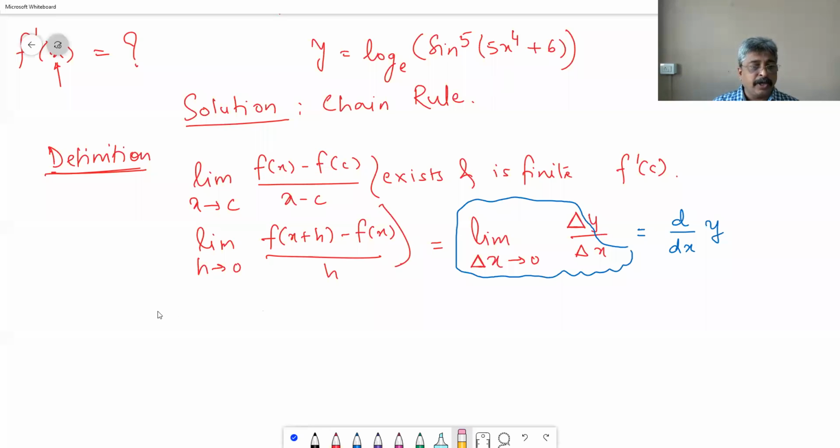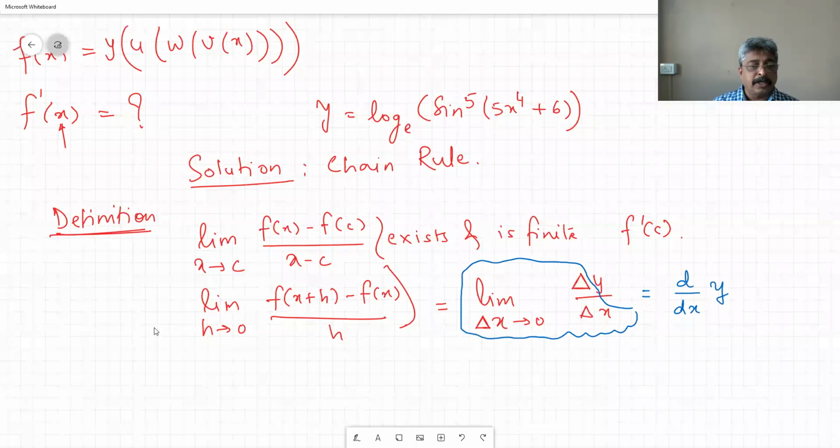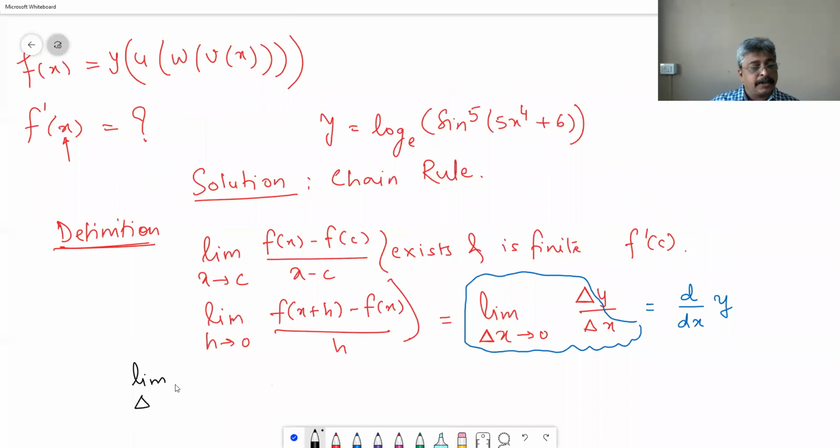In the chain that we have written here, f of x, then limit delta x, delta f of x upon delta x, I want to write it like this.